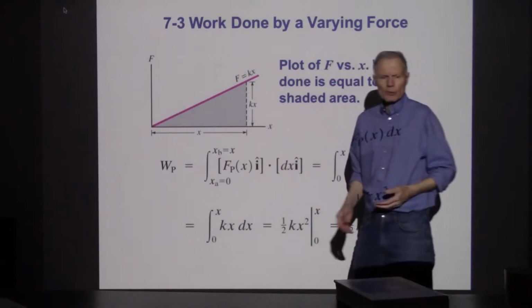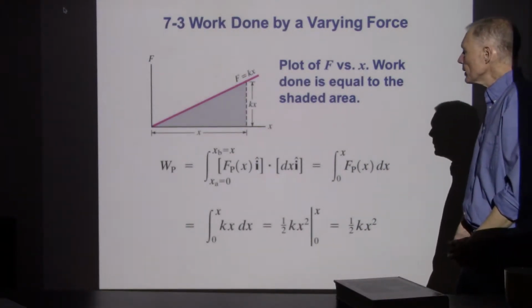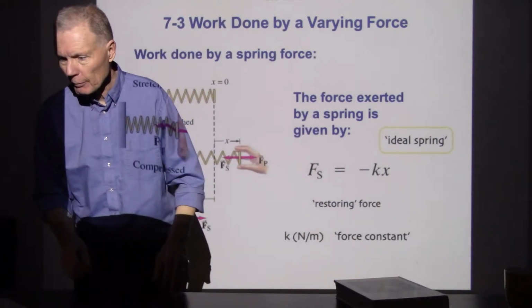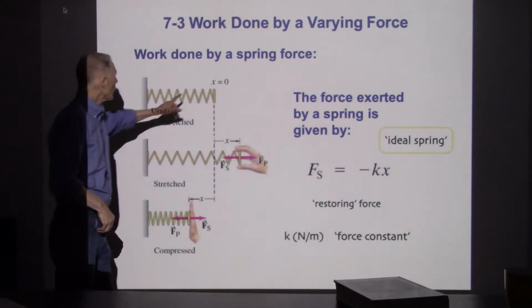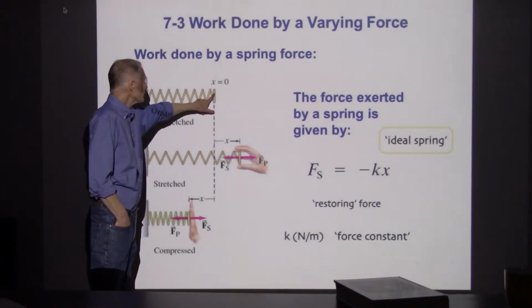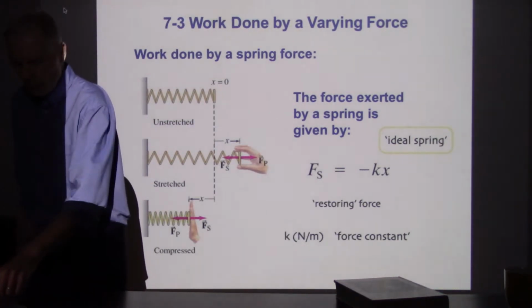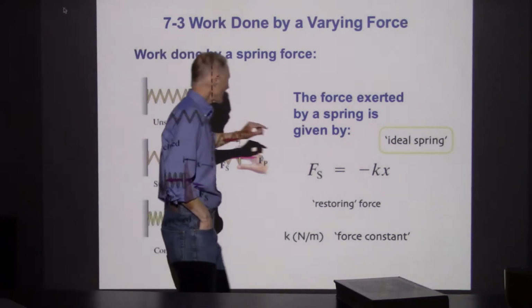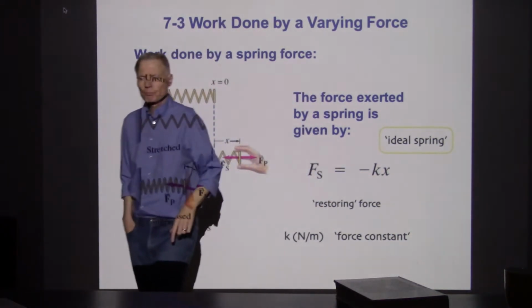Now that's important for a spring, that we're clear about where x equals 0 is, because if you remember from the earlier diagram, x equals 0 needed to be the unstretched distance. So it's not just arbitrary where we pick x equals 0. We have to define it that way so that we can use this force expression.